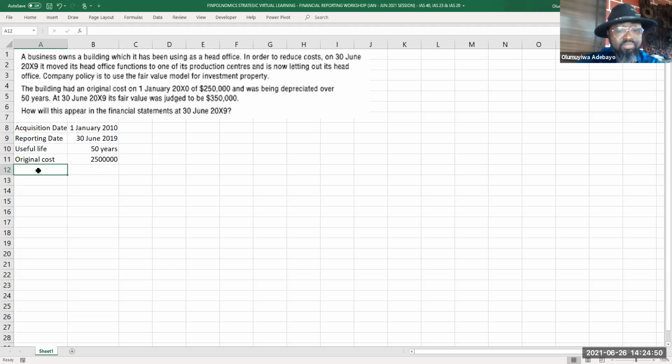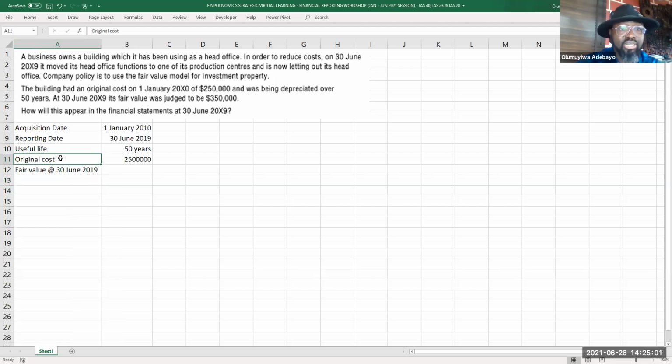Original cost, fair value at 30 June 2019. The original cost was as at when? 1st of January 2010.